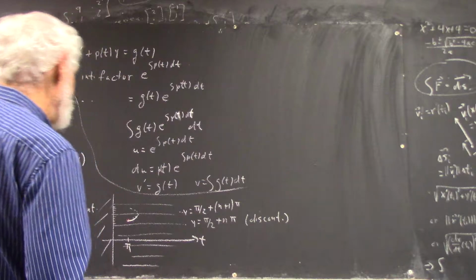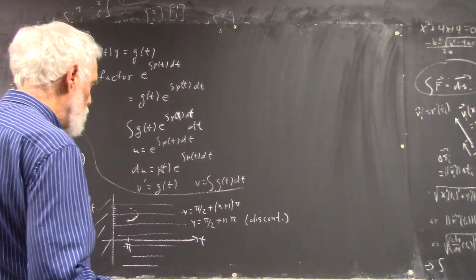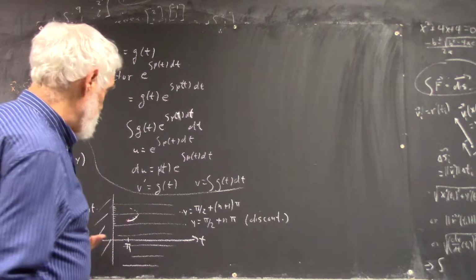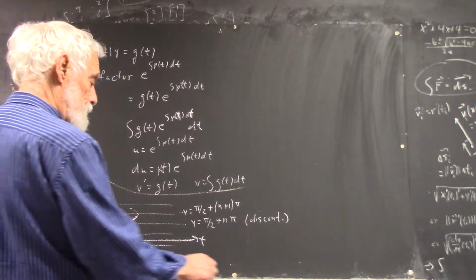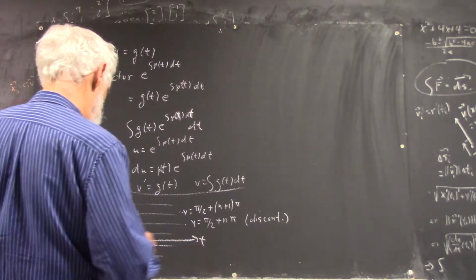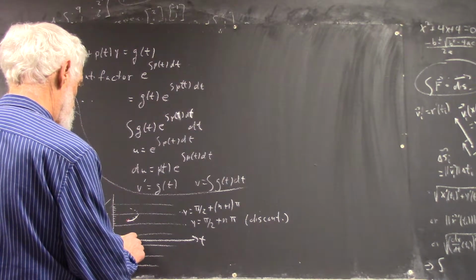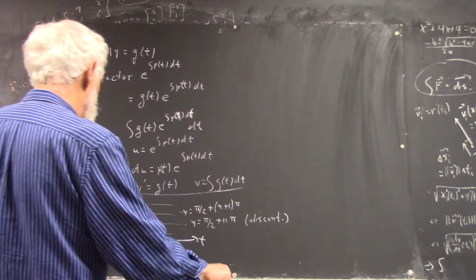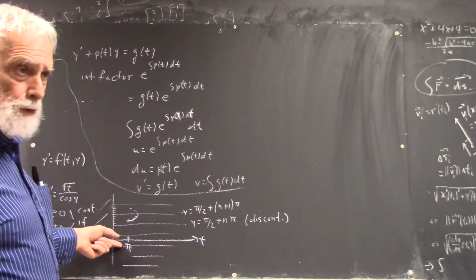Okay, so pi over 2 is like 1.57, right? So that would give you a point here. But the question doesn't ask you to find the solution within this interval.